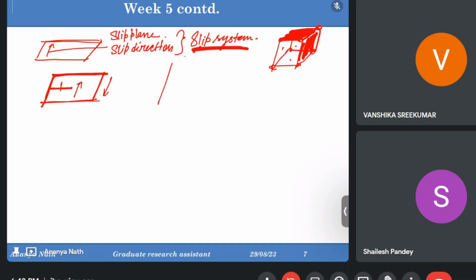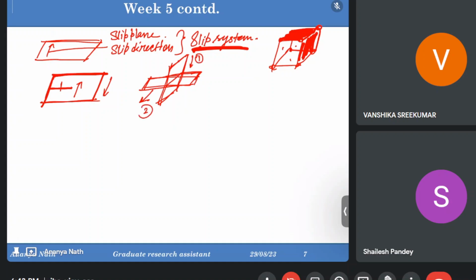So if there are two planes in which two dislocations are interacting with each other, this is one plane and this is another plane. In this plane the dislocation is moving in this direction, and in this plane the dislocation is moving in this direction.